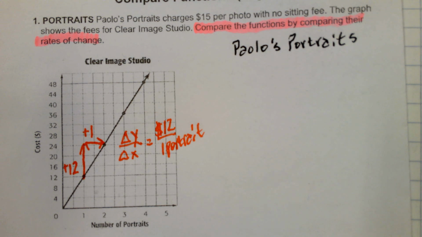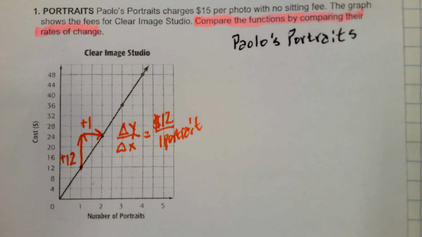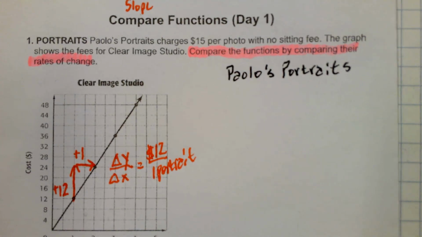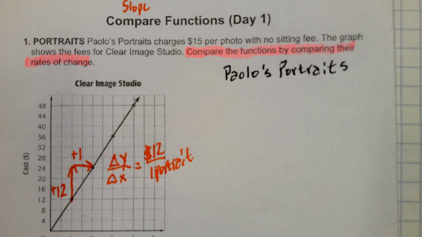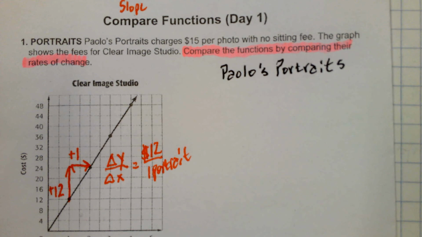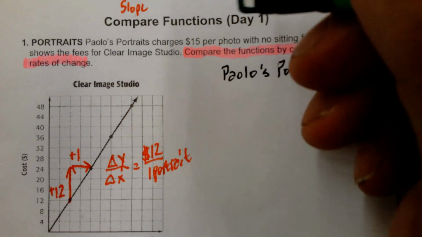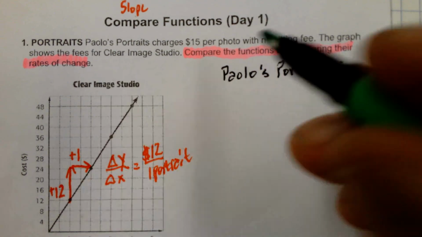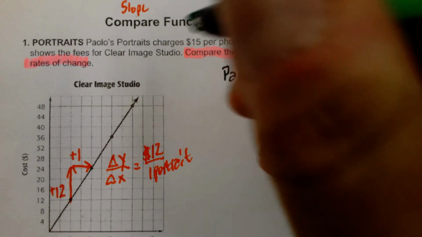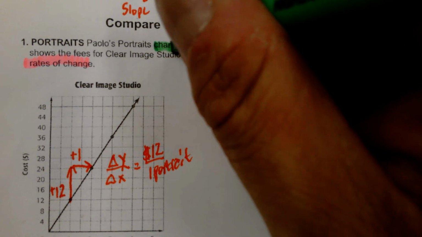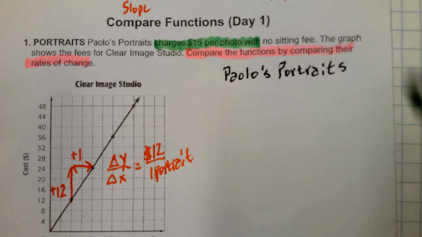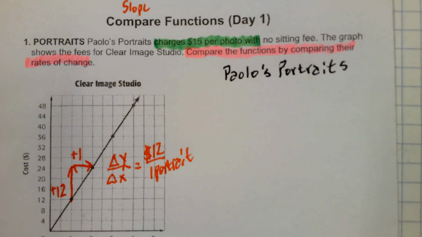So that's that. Let's go back to Paulo in the sentence. What does that tell us? How much is Paulo's Portraits charging for every portrait? It's right here. He charges $15.